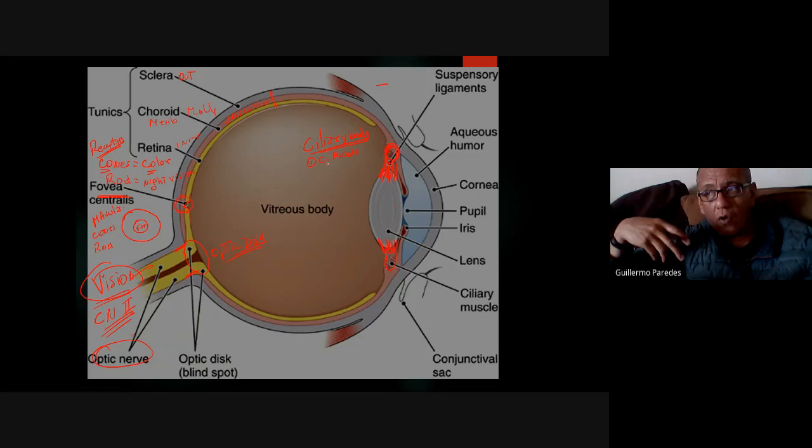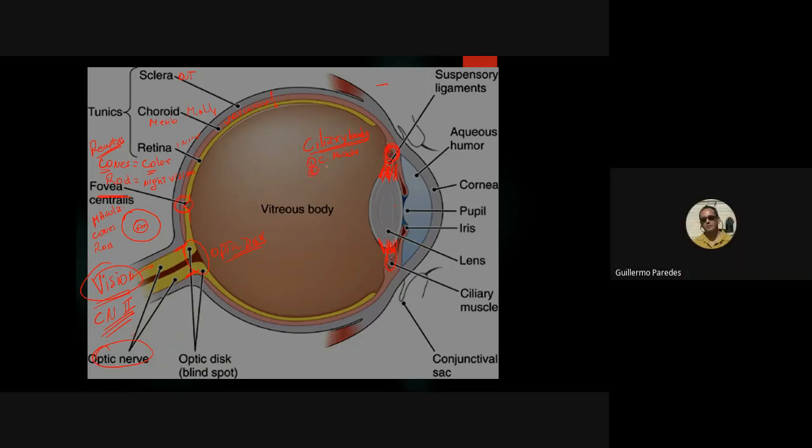Then we have the ciliary vessels, which are arteries and veins. And the third one is the ciliary gland. Very important.